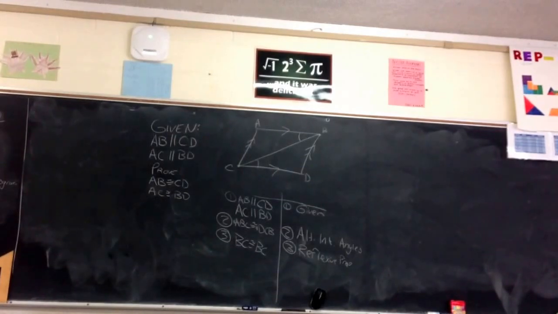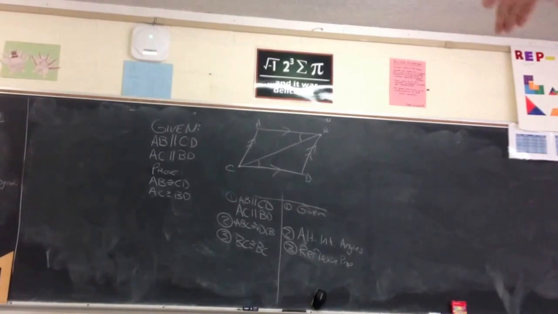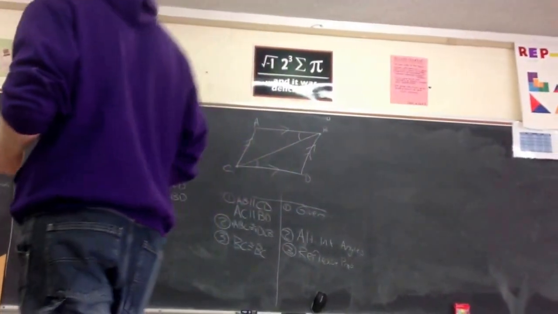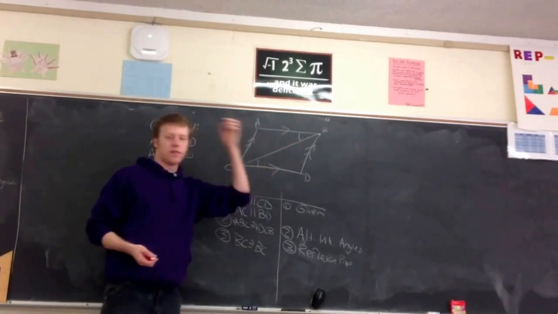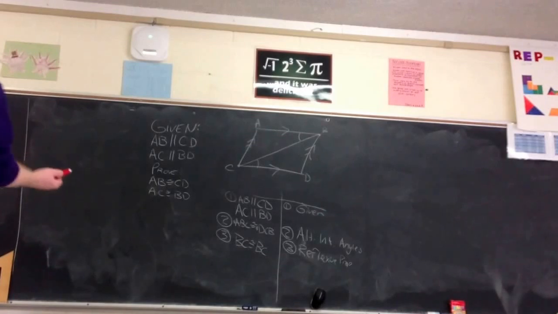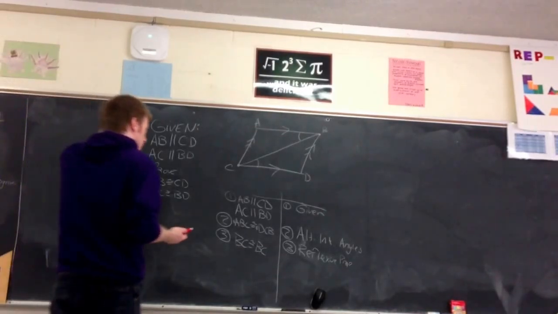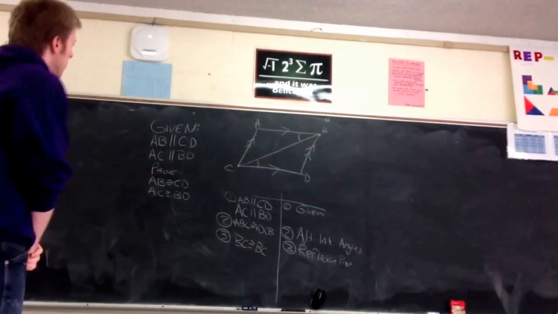Are we going to have alternate interior, alternate exterior? Because that's the immediate follow-up to that. That's why it's hard to see, there's no obvious transversal in this case. So there you go.